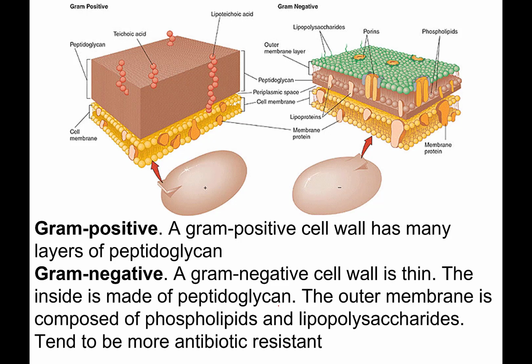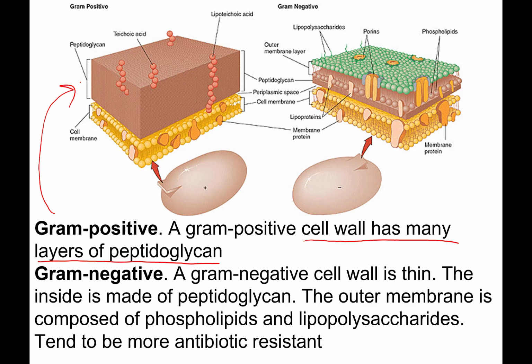But this gram stain has a characteristic appearance depending on the cell wall structure of bacteria. Gram-positive bacteria have a cell wall that has many layers of peptidoglycan, so it's very thick, as is shown up here. The gram stain is able to penetrate through that, and it stains the cells a purple color, I believe.